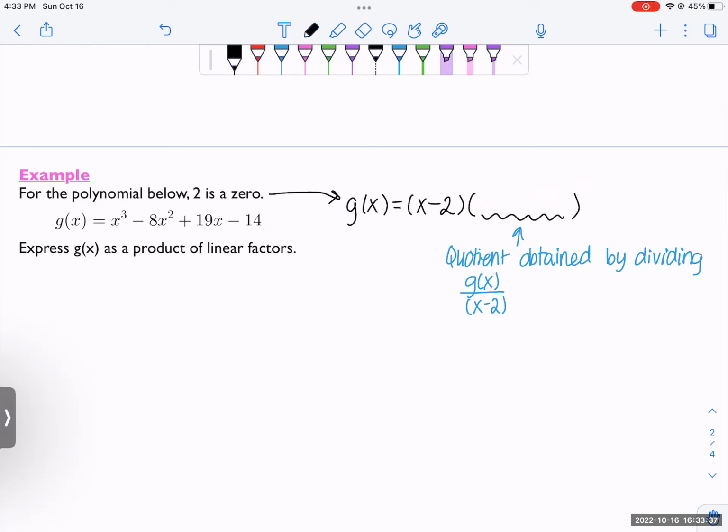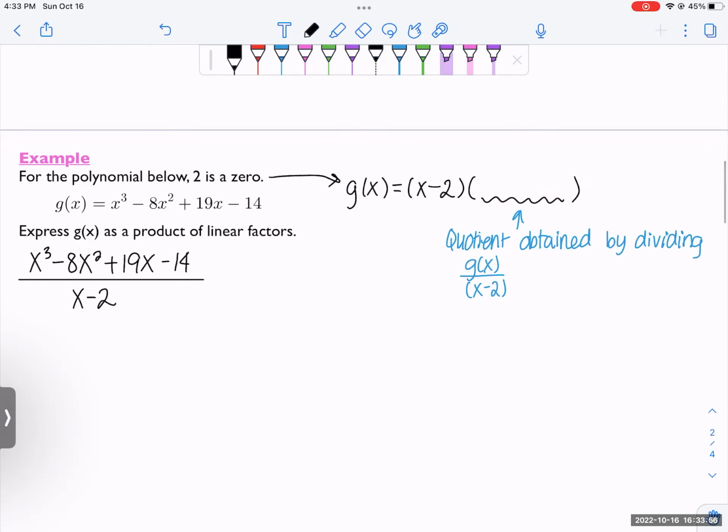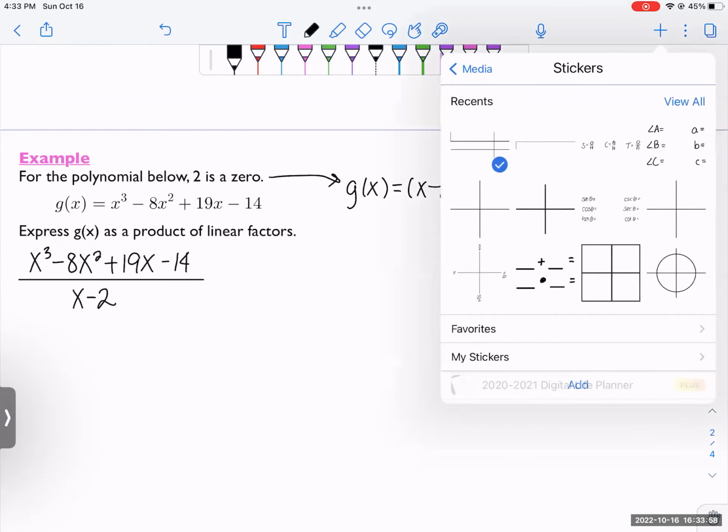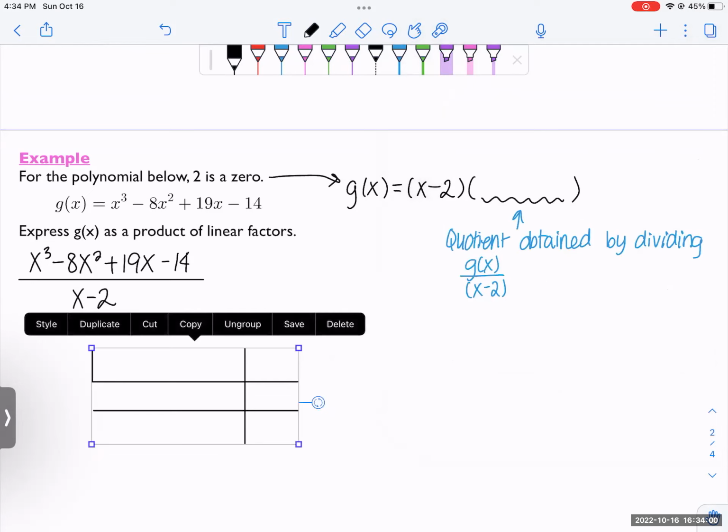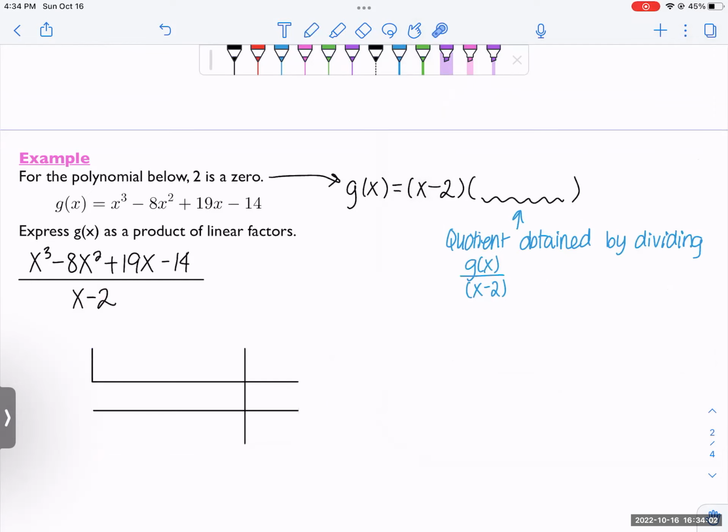So doing synthetic division, we're doing g of x, which is x cubed minus 8x squared plus 19x minus 14, all divided by x minus 2. Synthetic division tells us, hey, take the opposite sign.